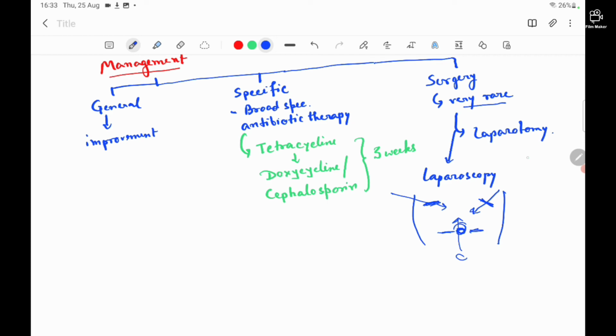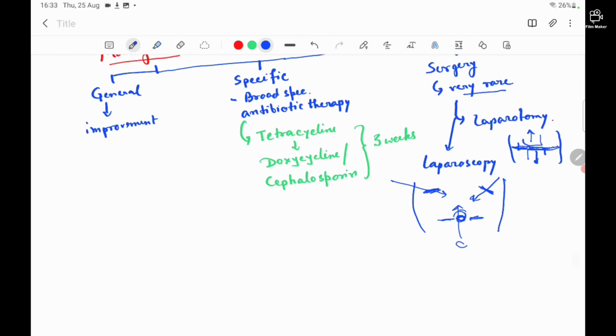Laparotomy is where we do a long incision over the belly. We use retractors to retract the belly, and we operate on it, and after the process we close it.